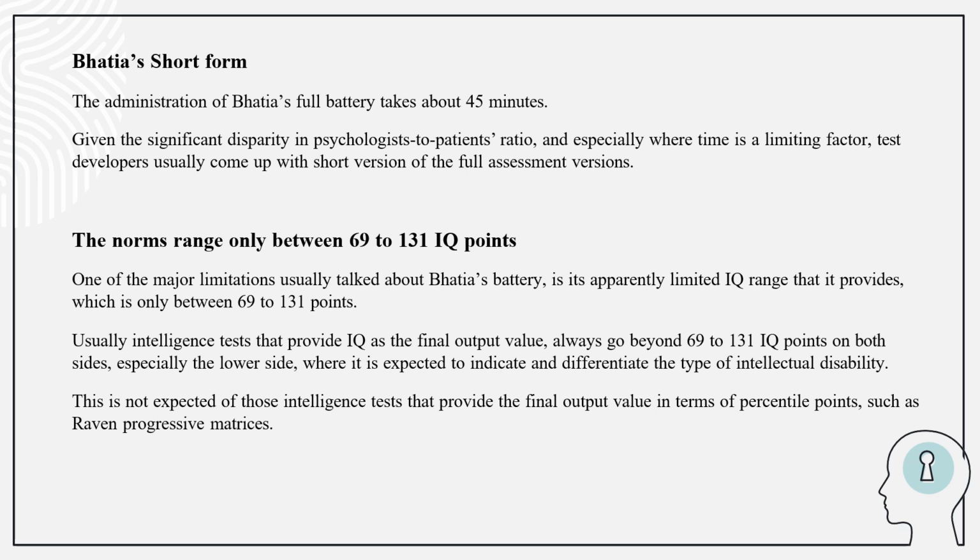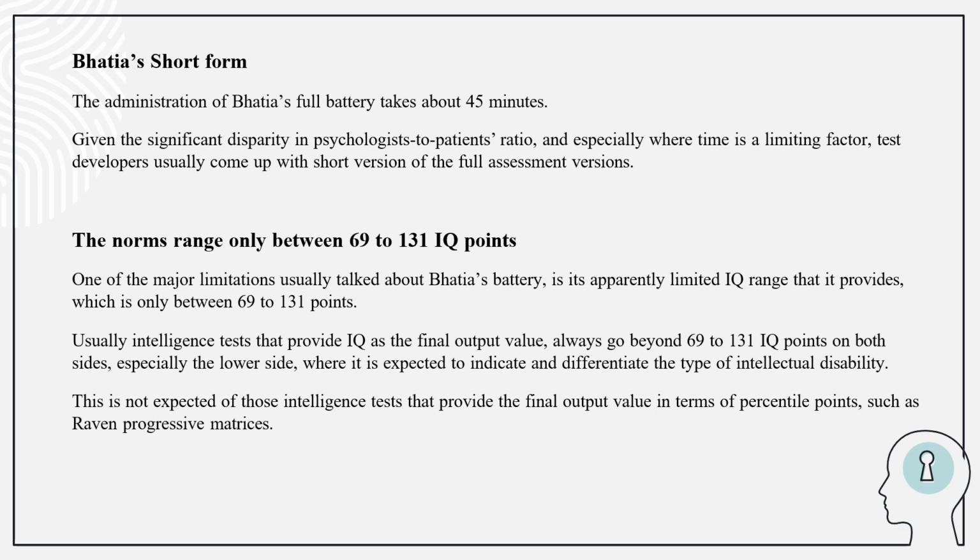The norms range only between 69 and 131 IQ points. One of the major limitations usually talked about for the Bhatia battery is its apparently limited IQ range, which is only between 69 and 131 points. Usually intelligence tests providing IQ as the final output value go beyond 69 to 131 on both sides, especially the lower side, where it is expected to indicate and differentiate the type of intellectual disability.